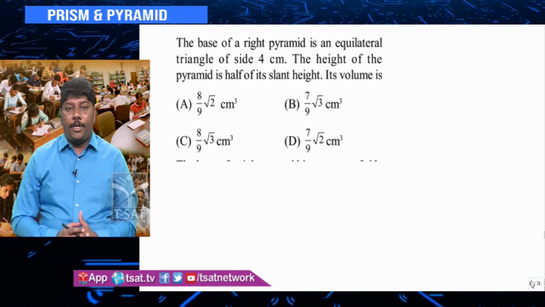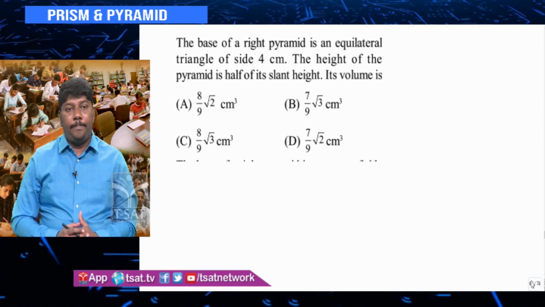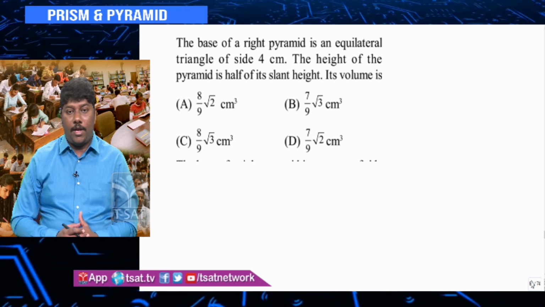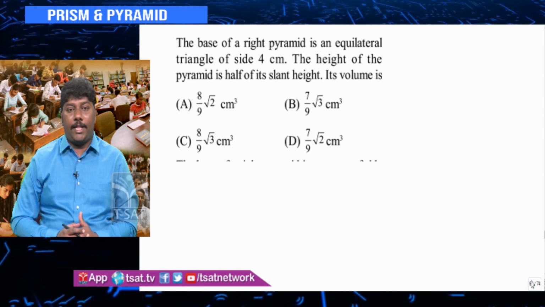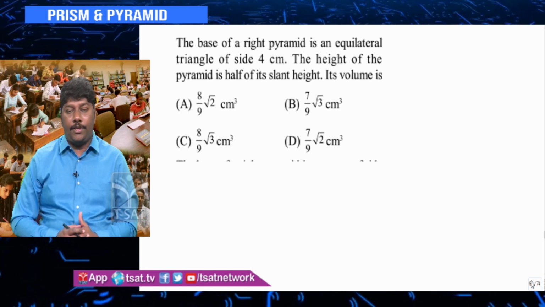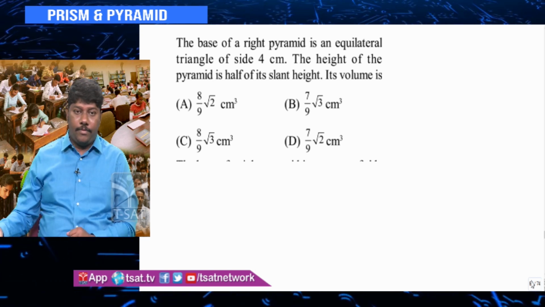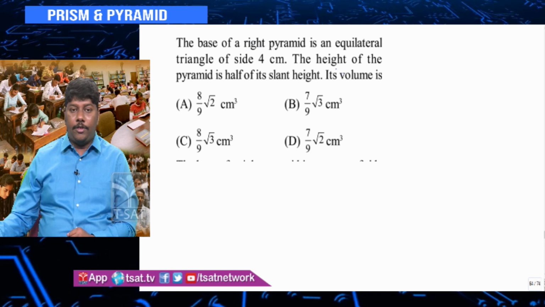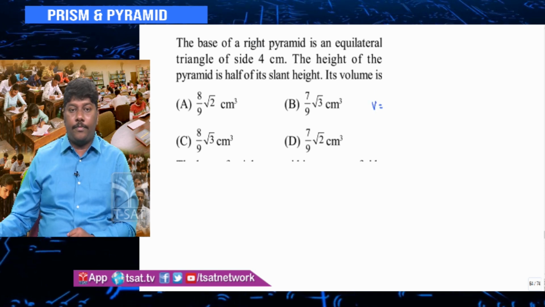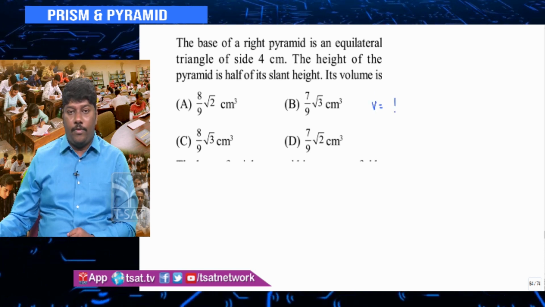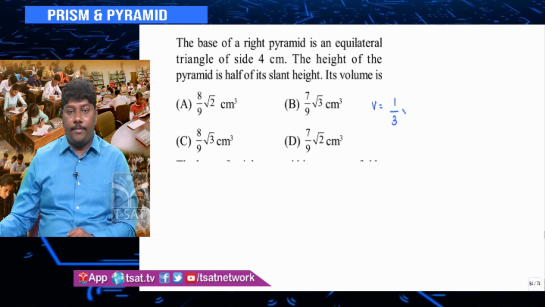The base of a right pyramid is an equilateral triangle of side 4. The height of the pyramid is half of the slant height. So what is its volume? Volume is 1/3 of base area into height.